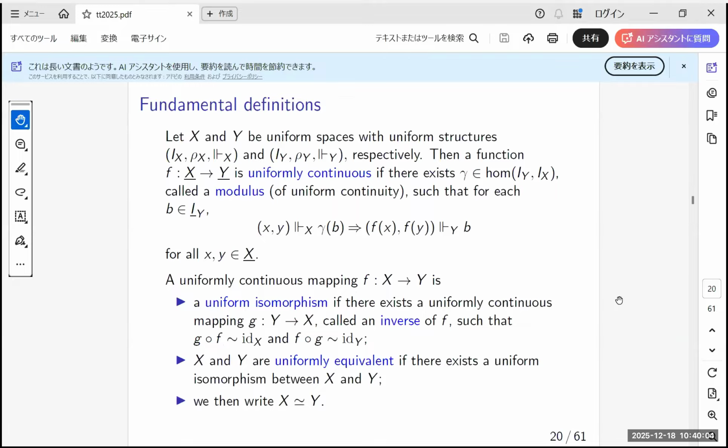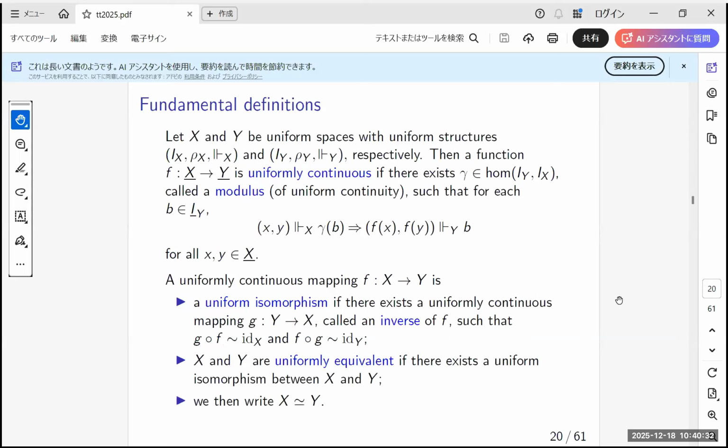And next we introduce uniform continuity. A function f is uniformly continuous if there is a modulus such that the usual condition holds. And a uniform isomorphism is a uniformly continuous mapping which has a uniformly continuous inverse.